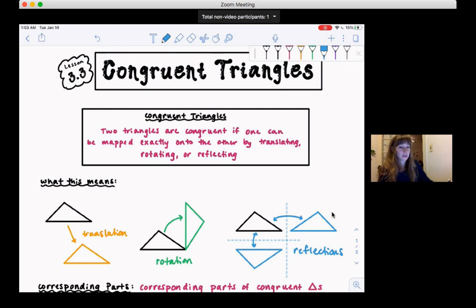But the main idea here is if you do any one of these, you're going to end up with an exact copy of what you started with. It's just going to be moved. It might be flipped, it might be spun, it might just be moved over there, but it's the exact same shape. So the kind of intuitive or casual way of talking about congruent triangles is that one is an exact copy of the other.